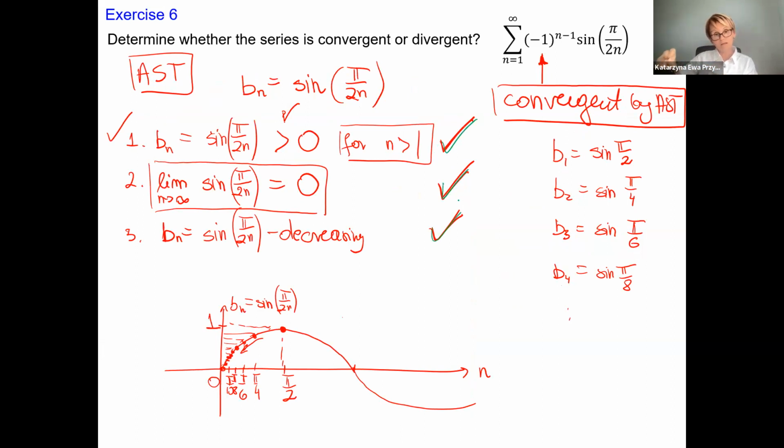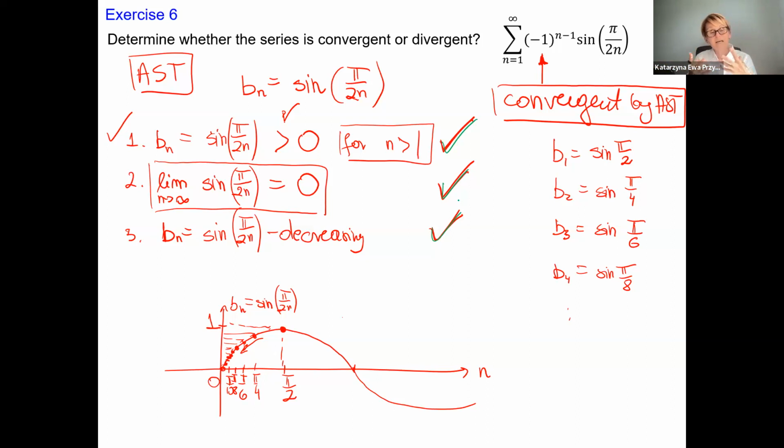If the formula b sub n doesn't satisfy one of the conditions, the test is not applicable. We have to find different tests. Please never ever say that the infinite series is divergent by AST. No. That's not the case. That test is not testing divergence.